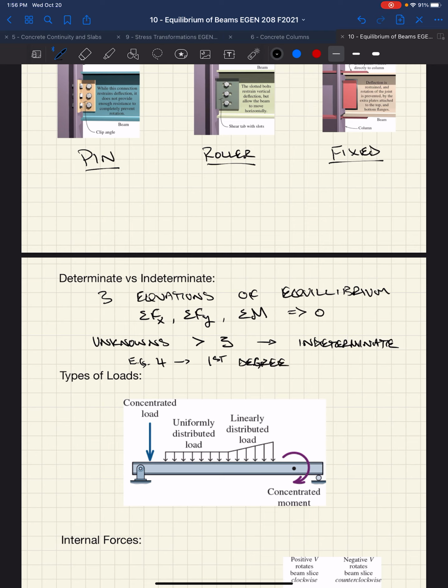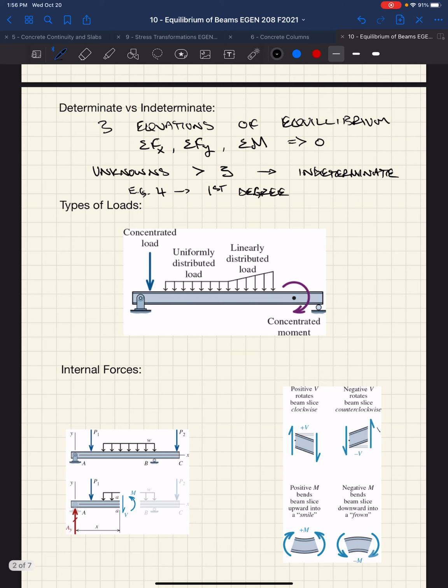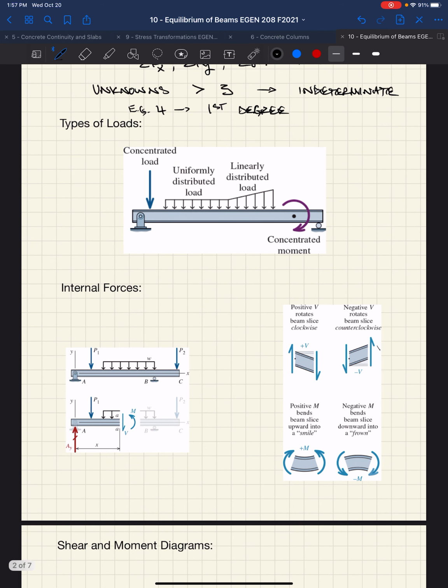If we had 4 unknowns, we've got 1 additional unknown, then we have equations for equilibrium. So that means we're first degree indeterminate. And you guys have already solved some of those first degree indeterminate systems for axial as well as torsional systems, right? They were super easy. We just blew right through them. Everyone crushed it, okay?